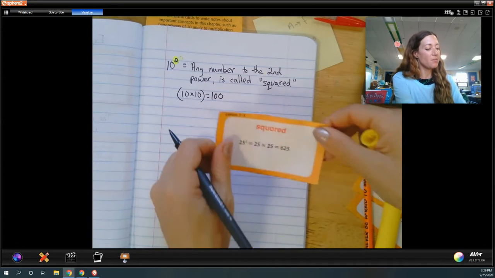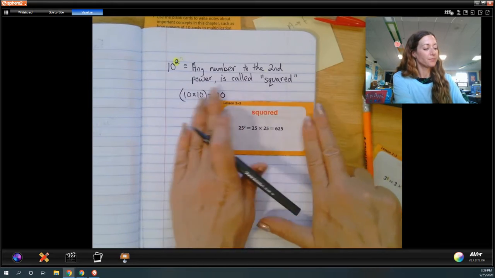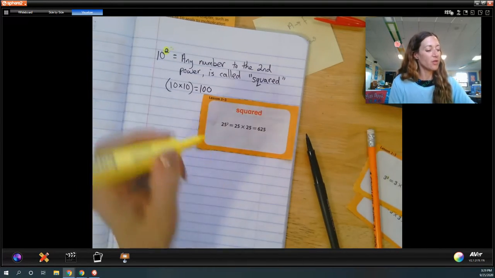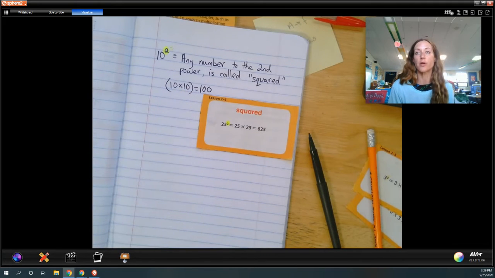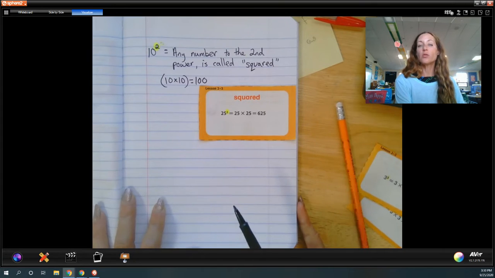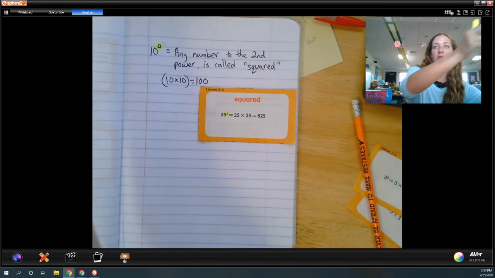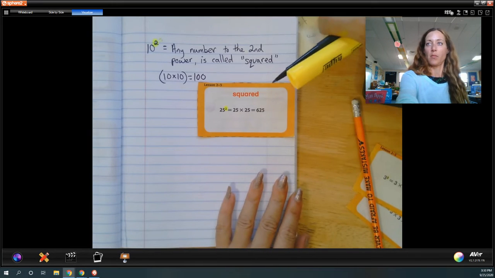Anything to the second power is considered squared. I'm going to even try and highlight the 2. Our example has 25 squared. So 25 squared is 25 times 25, which gives us a total of 625. Sorry that this is not straight.